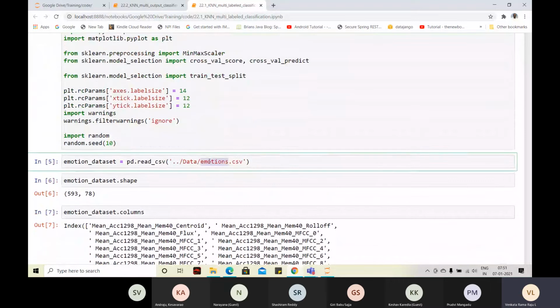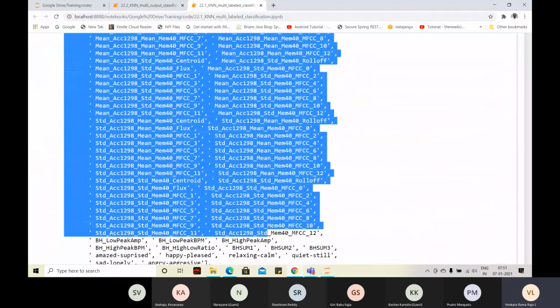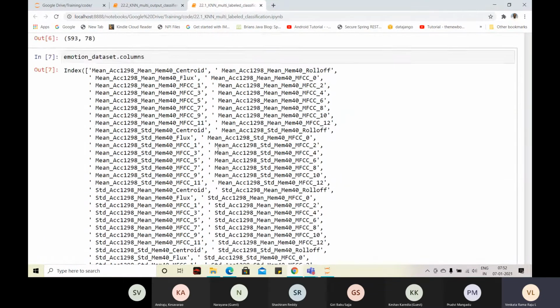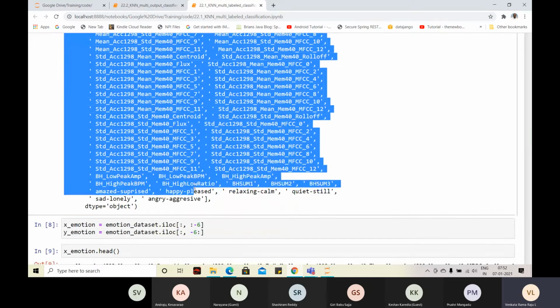I have taken the emotions dataset where we have many inputs and there are outputs. Outputs are like this: amazing, surprised, happy, pleasant, relaxed, calm. This is about music. These are all digitized music. Somebody played a violin or somebody played drums. That whole data is digitized, converted into numbers.